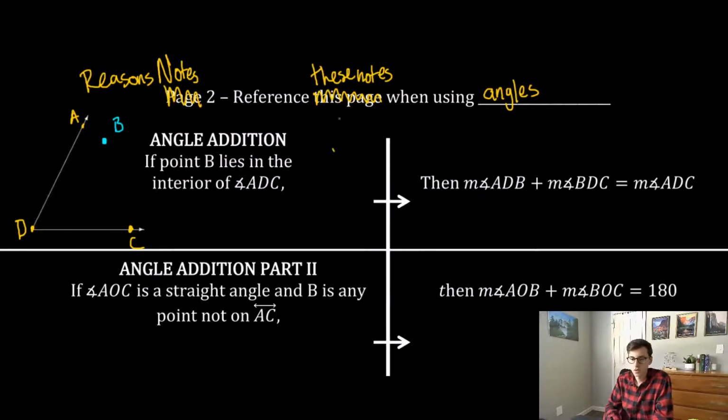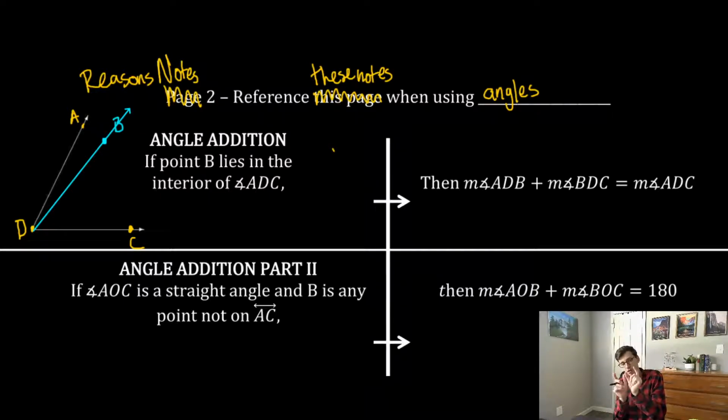Then we say that the measure of ADB, so I need to draw a line here. Let's see if I can get my line tool. The measure of angle ADB plus the measure of angle BDC is equal to the measure of angle ADC, which makes sense.